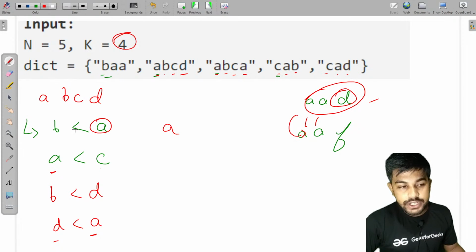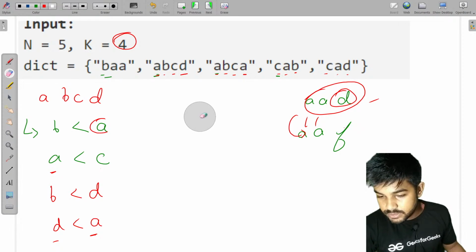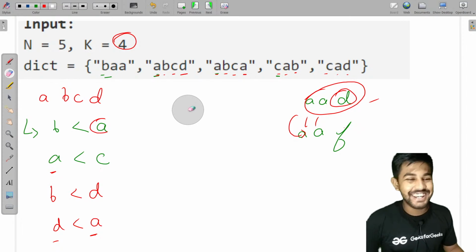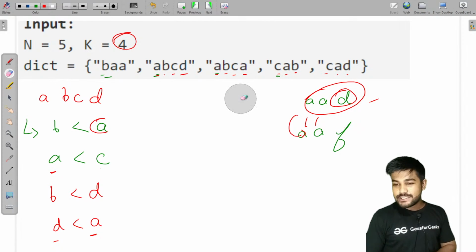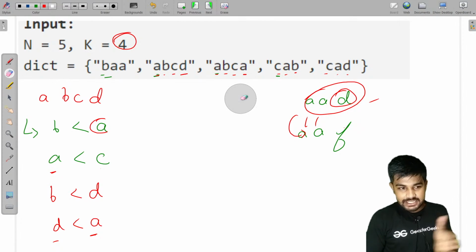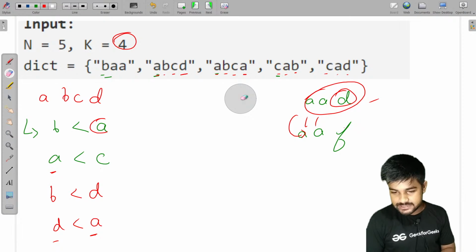So can you tell me the series? I have drawn all the relations. Can you tell me the ordering of the alphabets?